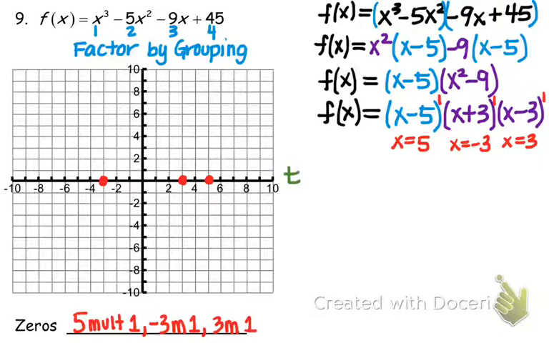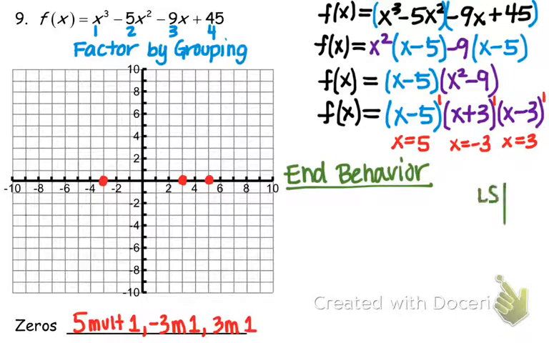Now let's determine our end behavior to see where our graph is coming from and where it's going. So in the end behavior, we're going to determine the left side end behavior and the right side end behavior. So what's happening when our graph is coming from the left and going to the right. In order to determine what the right side is doing, we need to know what our leading coefficient is.